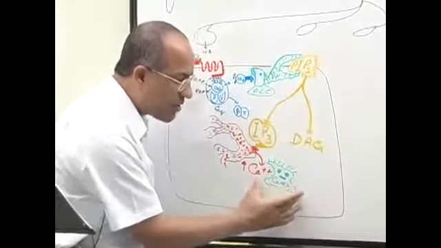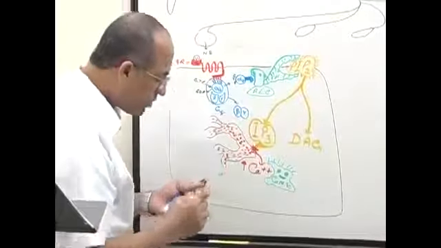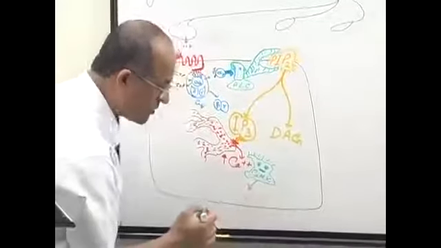Now, once calcium-calmodulin kinases, or CAM kinases, are activated, this group of enzymes will phosphorylate target proteins.